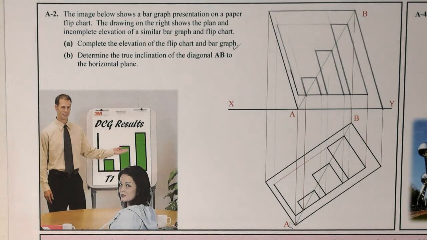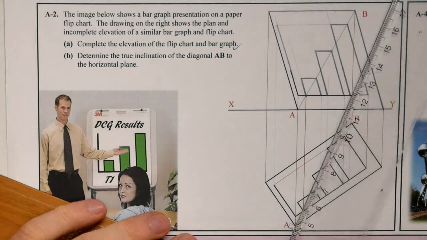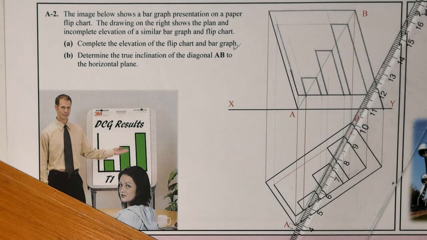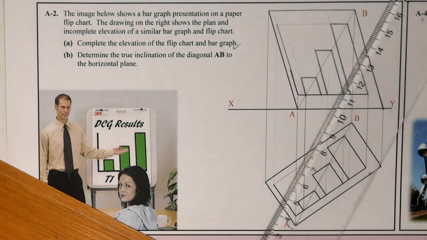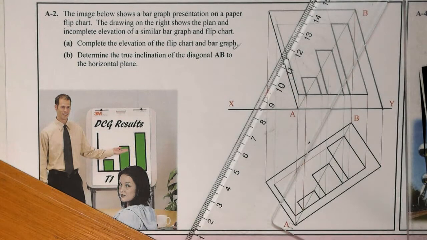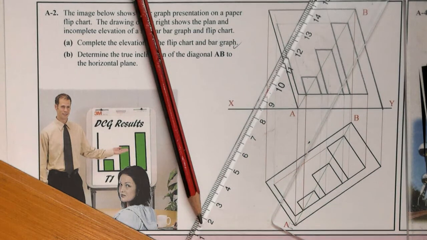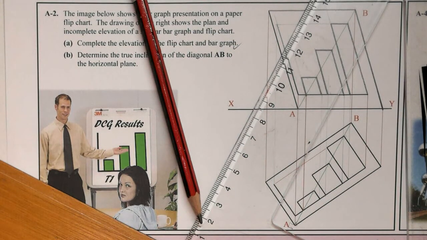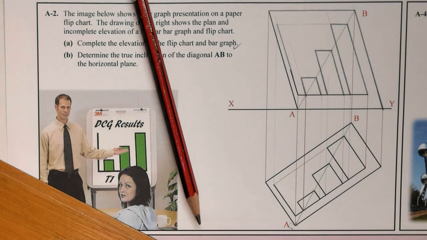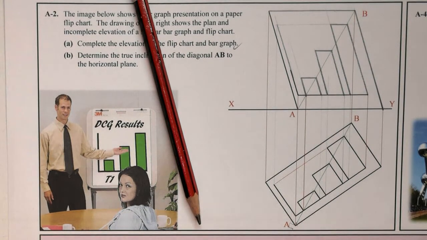So we could take an auxiliary elevation, because that will give us an edge view of our horizontal plane, and then we'll be able to find AB like so, and that will give us the angle. And the other method we can use is to rotate AB.